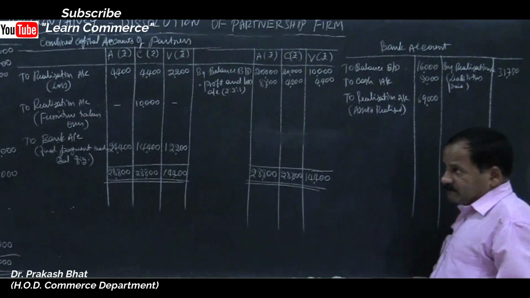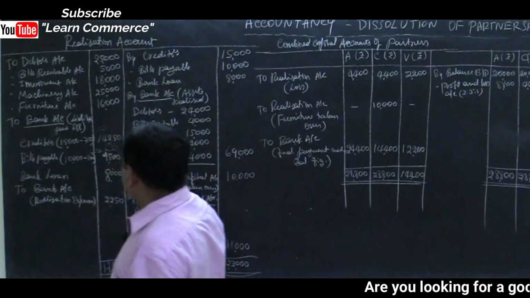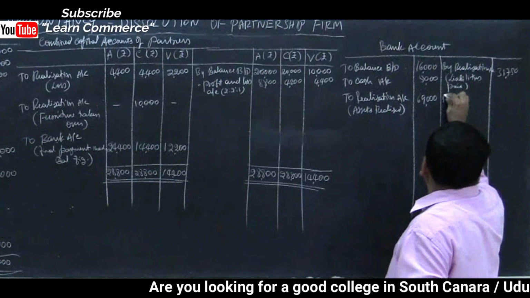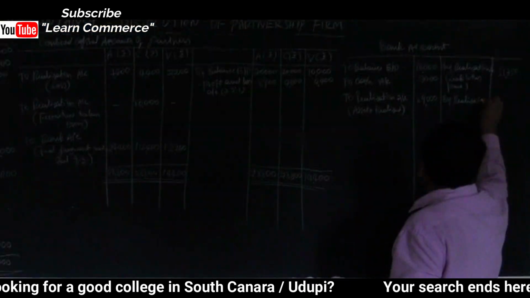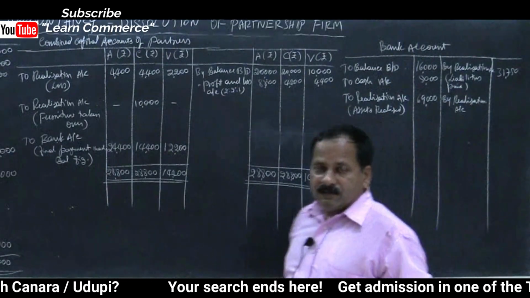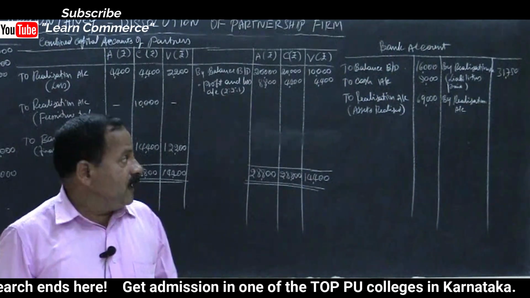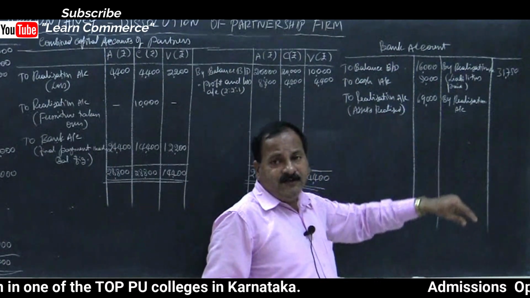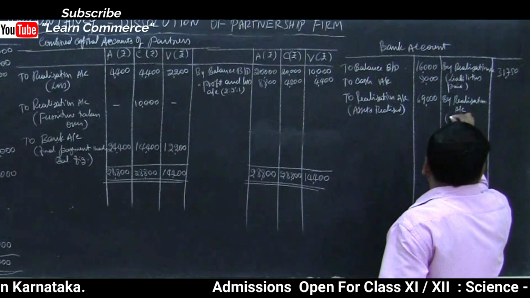Then what else? Refer here, realization account debit to bank account, expenses of realization. Correct. So, by realization account, expenses of realization.